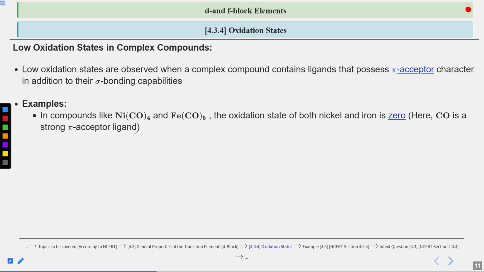Meanwhile, the pi bond forms by donation of electrons from a filled d orbital of the metal to the vacant anti-bonding pi star orbital of carbon monoxide. Due to this synergic effect, the metal in this complex exists in lower oxidation states.